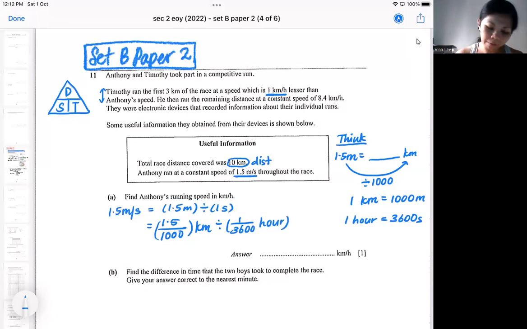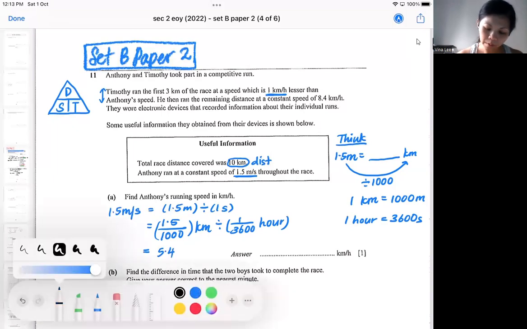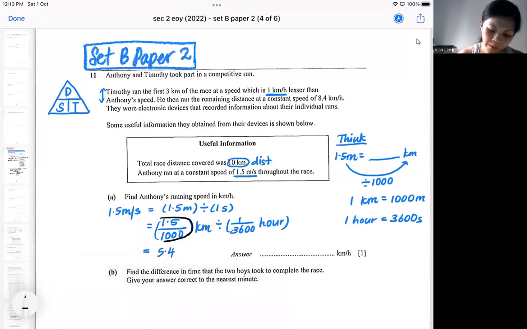So you got to convert each of the items to the correct units first. Then you can punch calculator. So you convert each of the items to the correct units, then you can punch calculator. So you will be getting 5.4 if you punch calculator. That means you just punch calculator this, divide by this.